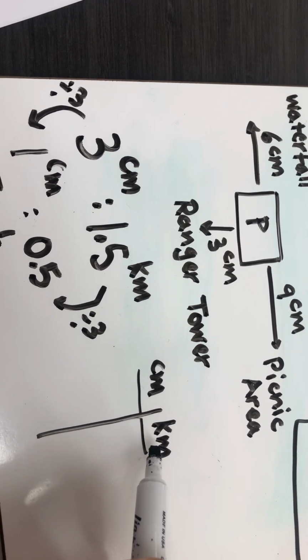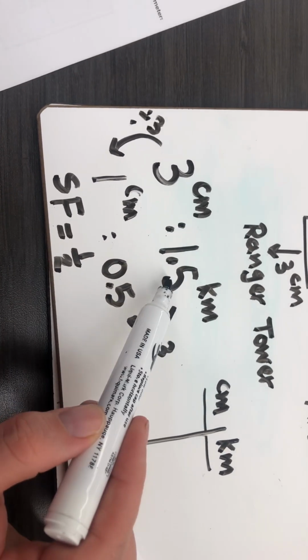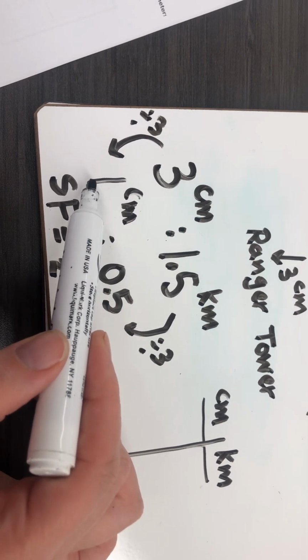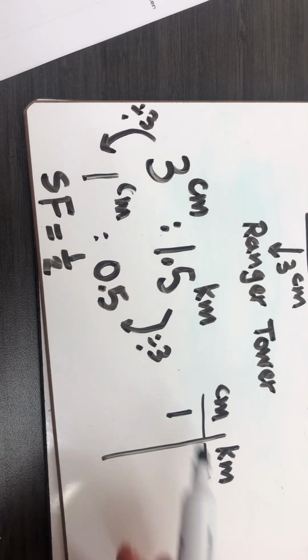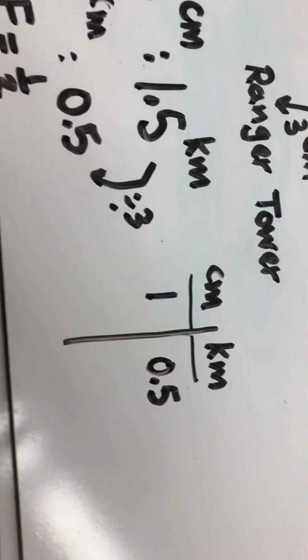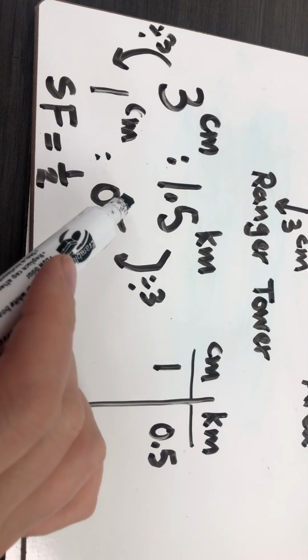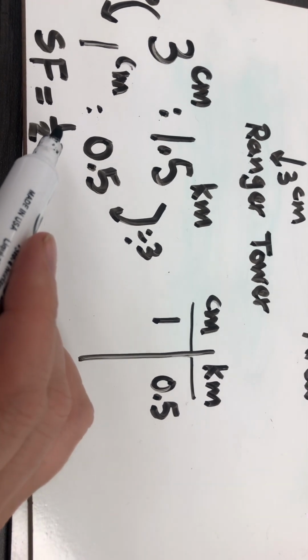This one is the real distance. I can use the 3 and the 1.5 here. I can also use the simplified version of 1 centimeter representing 1/2 kilometer. So again, if you do the math correctly, you can use either one. I'm just choosing to use the simplified version because I know it will probably be easier with smaller numbers.